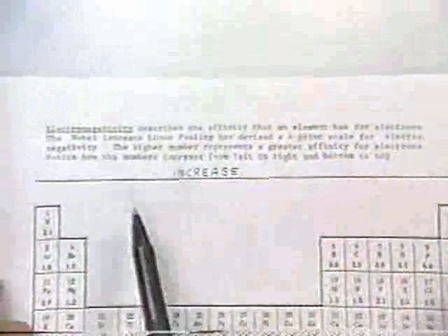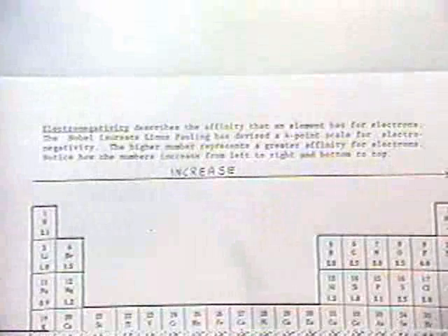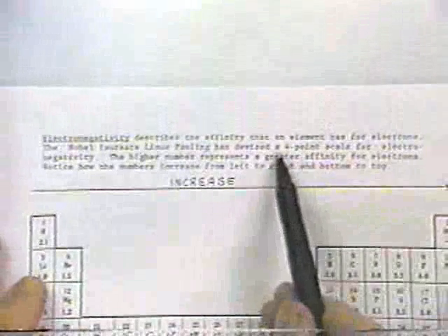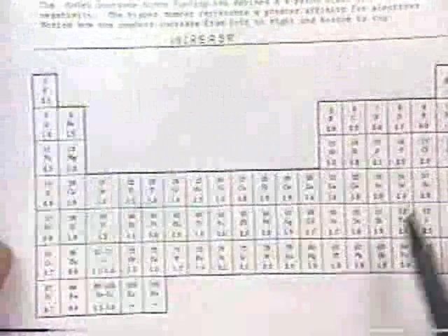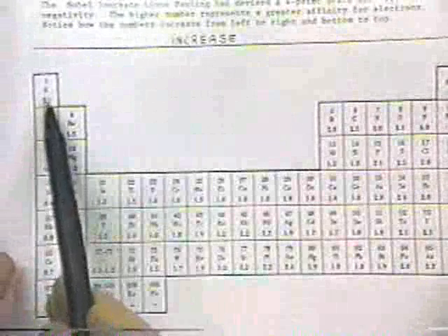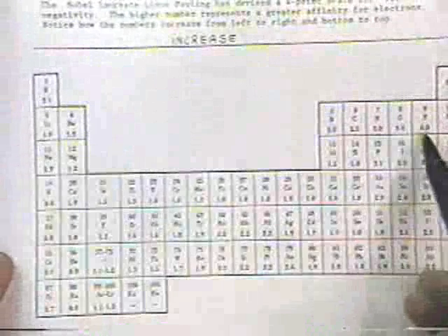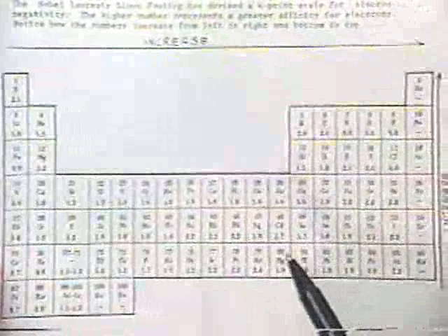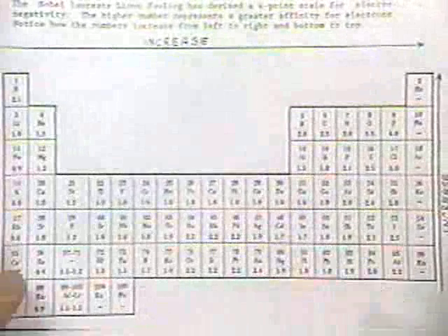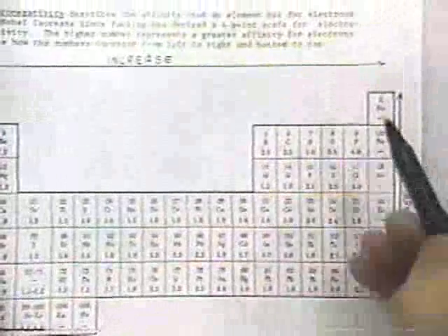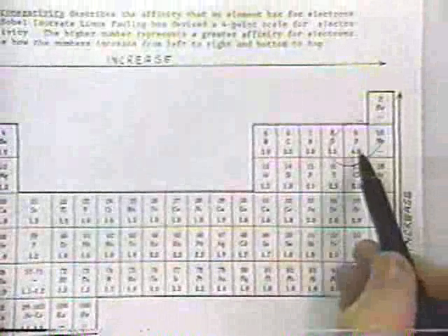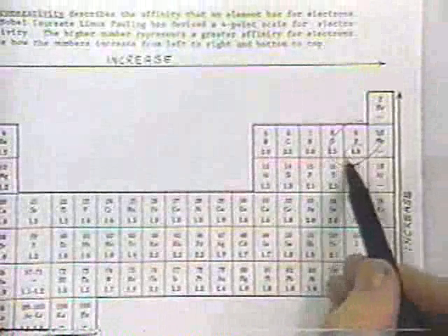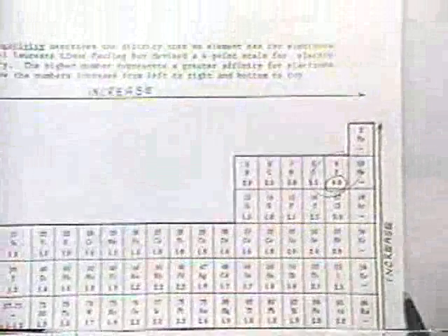Now, getting back to Linus Pauling and his electronegativity concept, he uses a 4-point scale, and here we have the periodic table, and underneath each of the elements you'll see a number that tells you the affinity that that element has for electrons. What you should notice is that fluorine, which is up here in the right-hand corner, has the strongest electronegativity, 4.